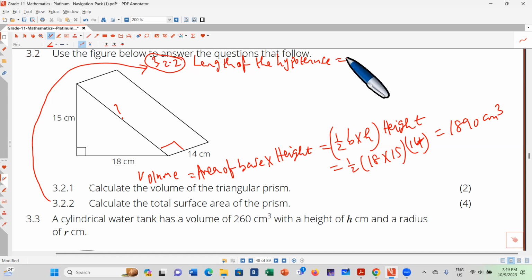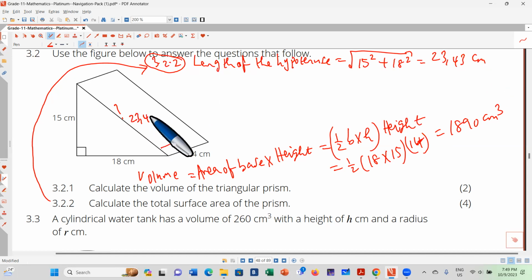So the length of the hypotenuse becomes the square root of 15 squared plus 18 squared. So you have 23.43 centimeters.